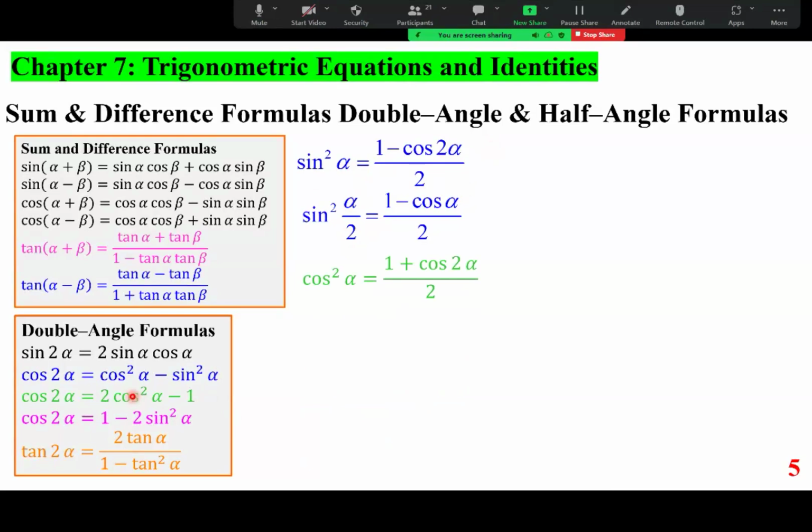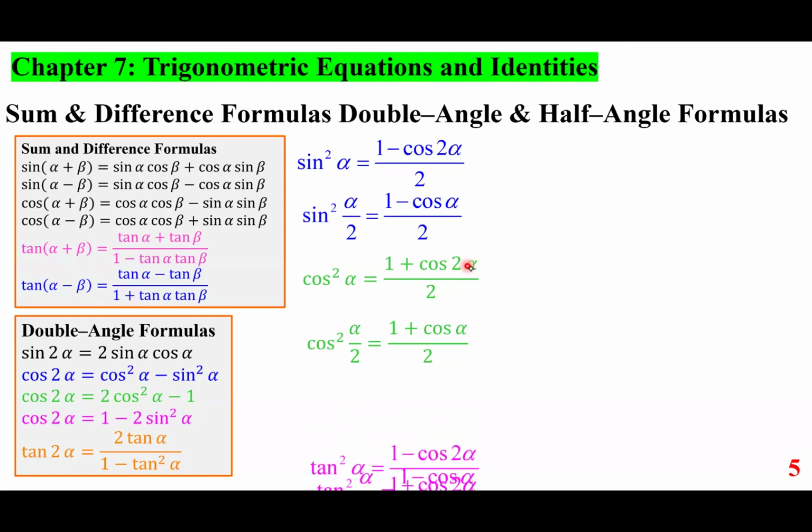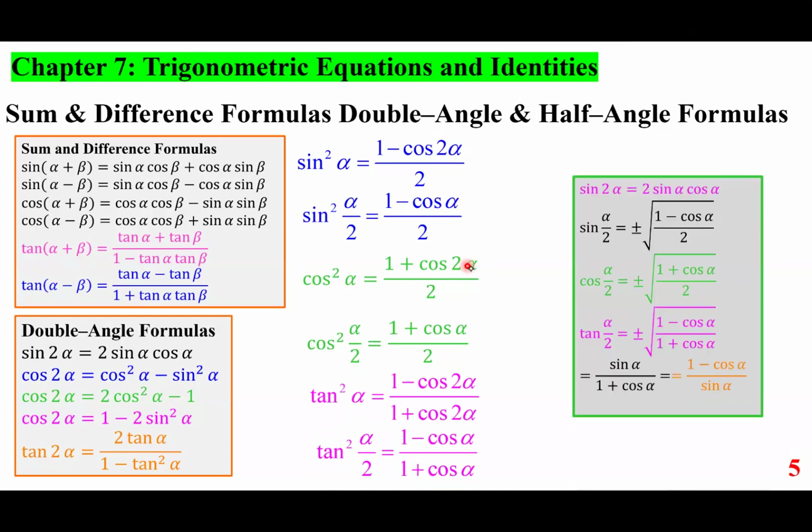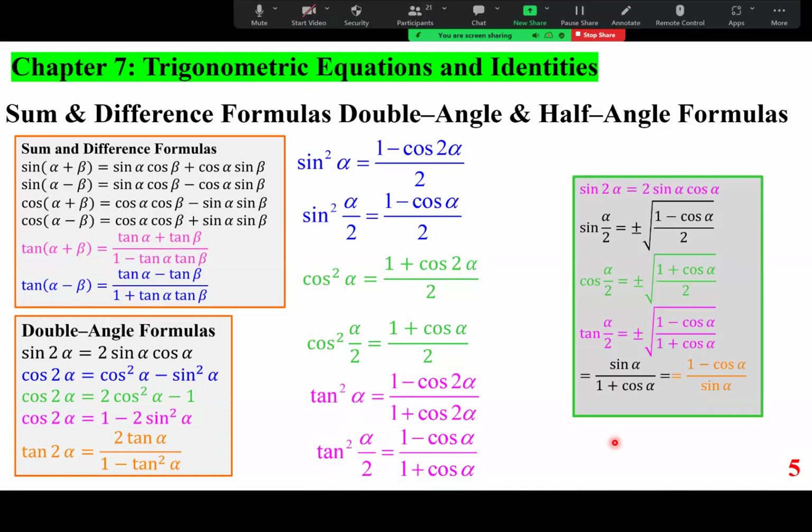From here, if you solve for cosine squared alpha, you get 1 plus cosine 2 alpha over 2. If you cut this in half, you cut this in half. For tangent, obviously, it's easier to use sine over cosine, and then all of them are here.